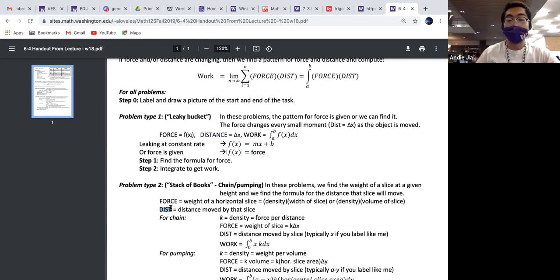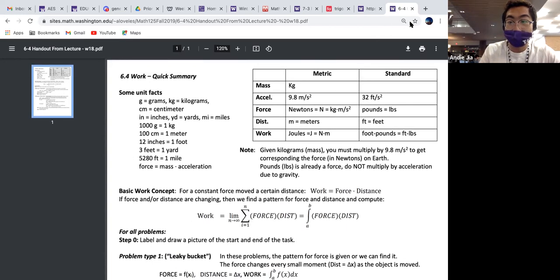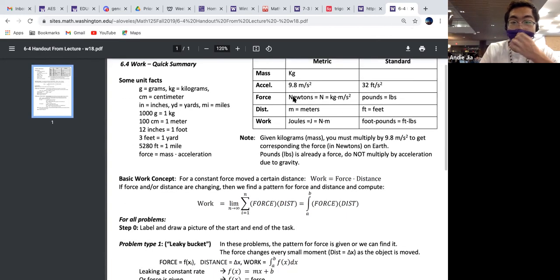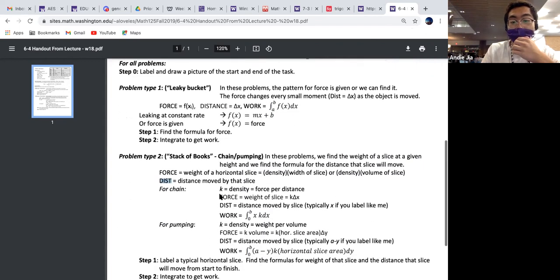The k is the density, or the force per distance. The distance is the total distance you move, and the work is from b to 0 of x times k, then just integrate.